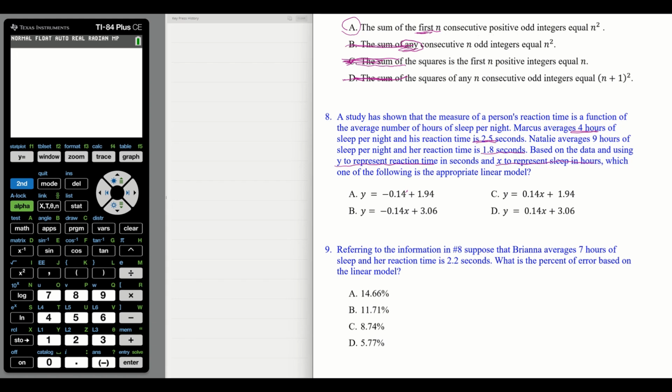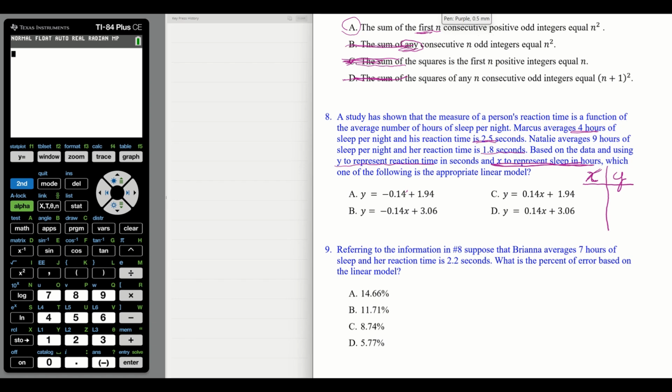90% of the time, hours, minutes, seconds are on the x-axis. When you read, even if you don't read it fully, you can probably always guess that your hours, minutes, seconds are going to be on your x-axis. Sleep in hours. Okay.